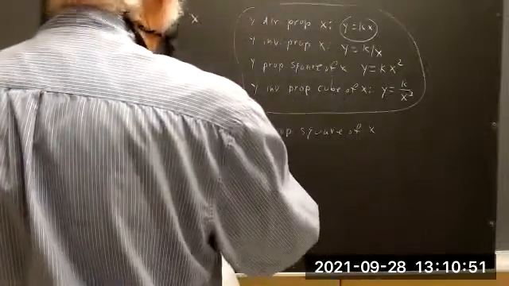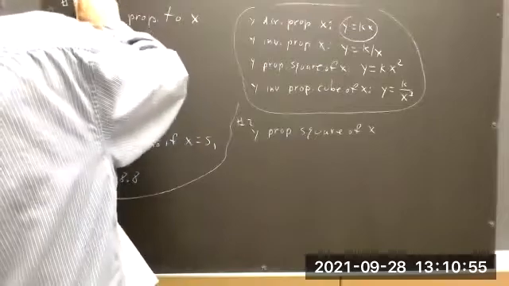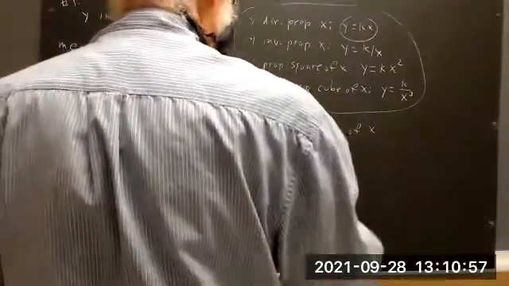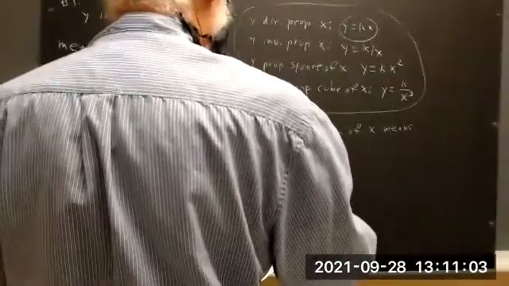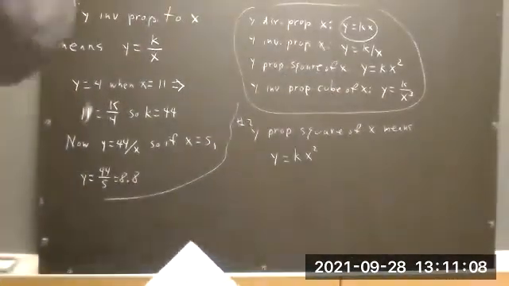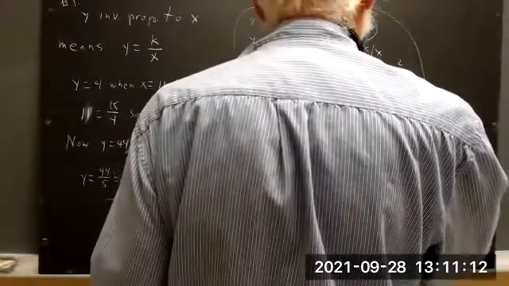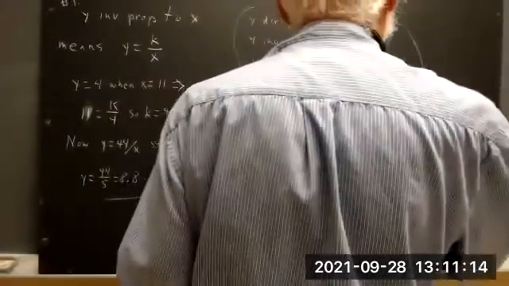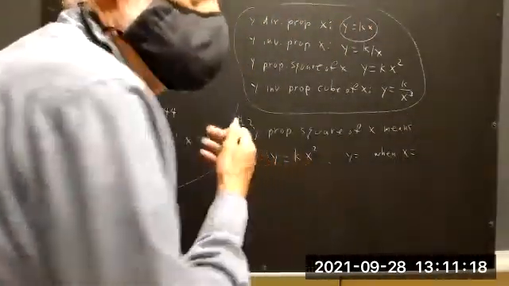This is number 2. This is number 1. This means y equals kx squared. Now you gotta have values for y and x, so you can evaluate k.